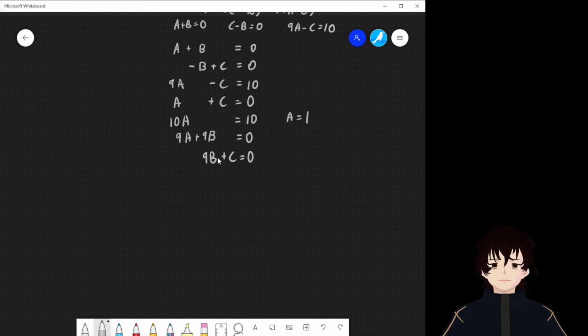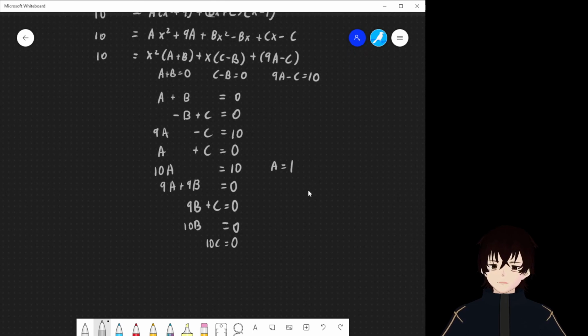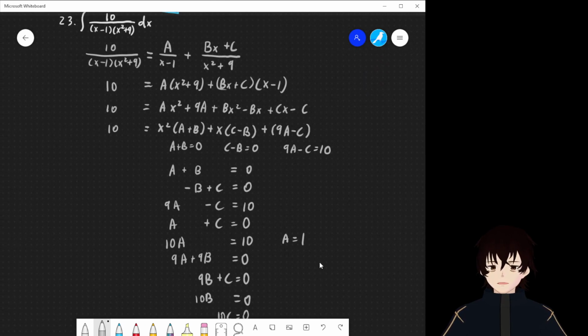And I need another one. Subtract 2 from this. 10B equals 0. Or multiply that by 9 and add together, 10C equals 0. So B and C are both 0, but that would not make any sense at all.